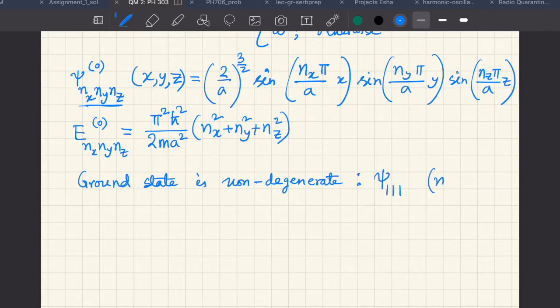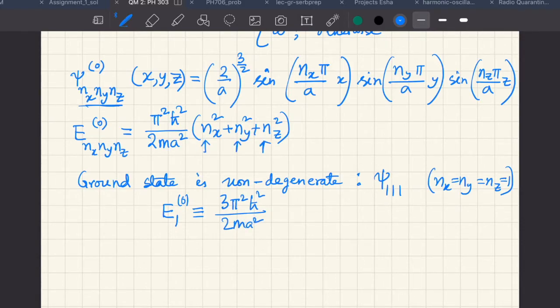That means nx, ny and nz all have the same value, and you already know what this is. The ground state energy is therefore 3 pi squared h bar squared by 2m a squared, because nx, ny and nz are all 1, therefore this gives you a contribution of 3.